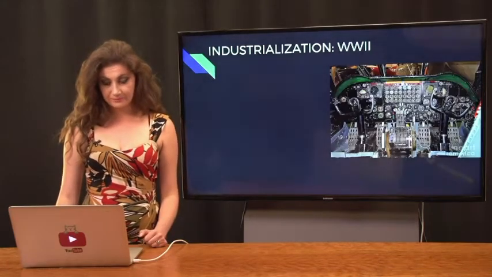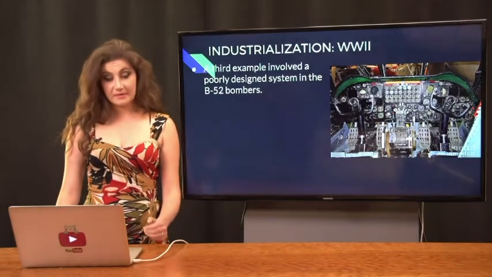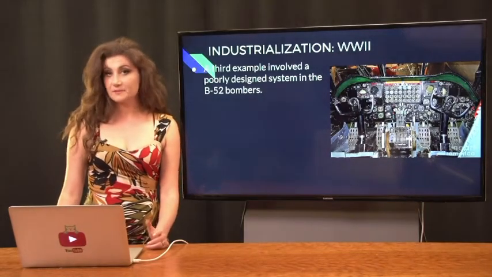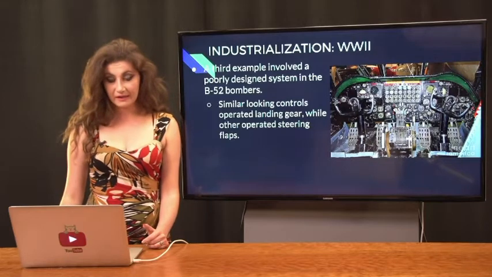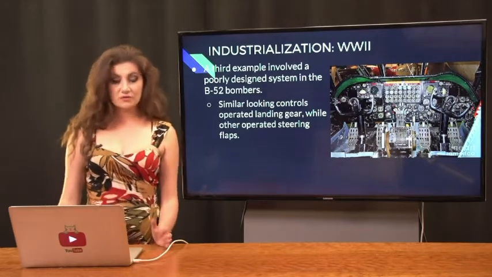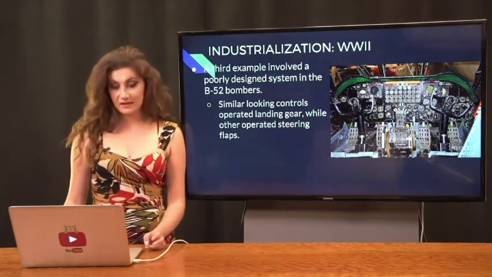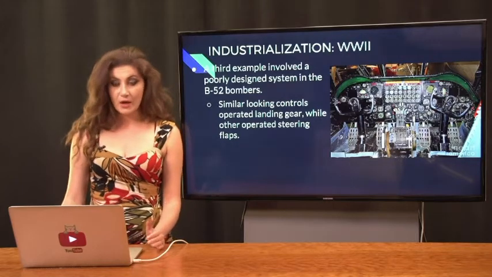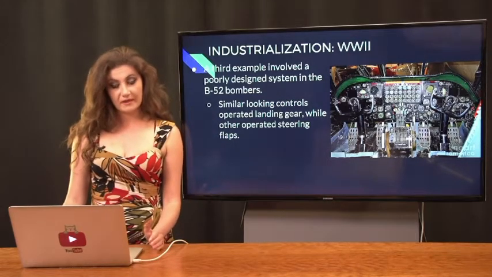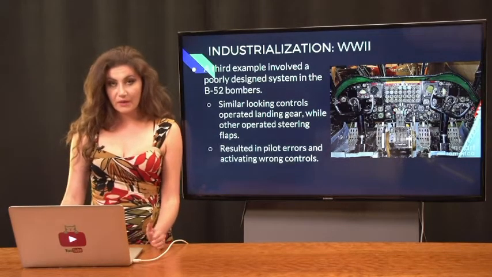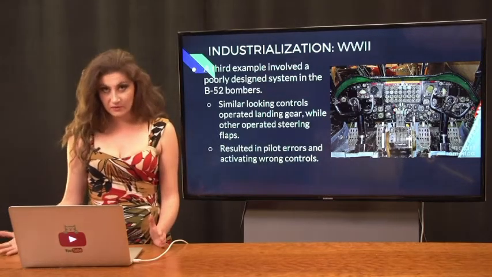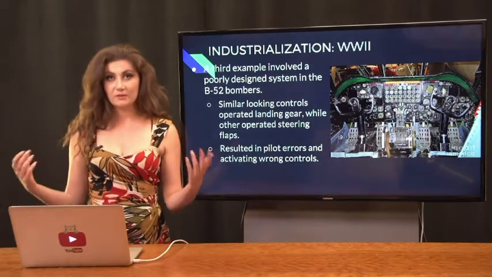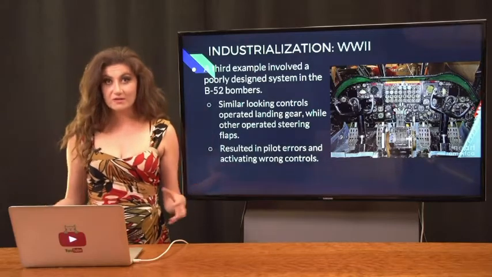A third example involved a poorly designed system in the B-52 bomber airplane. So similar looking controls operated two different things. The first thing was the landing gear, while the other control operated the steering flaps. So what happened was that a pilot would get confused, right? Especially if you imagine in times of high stress, right?